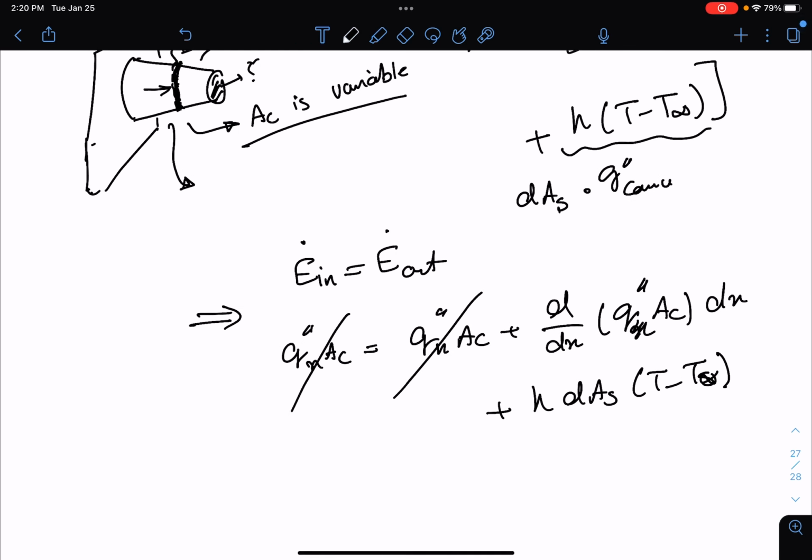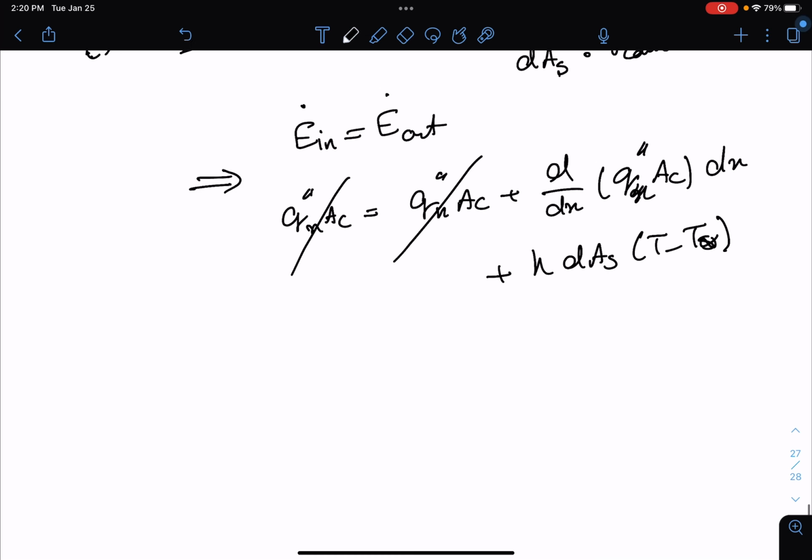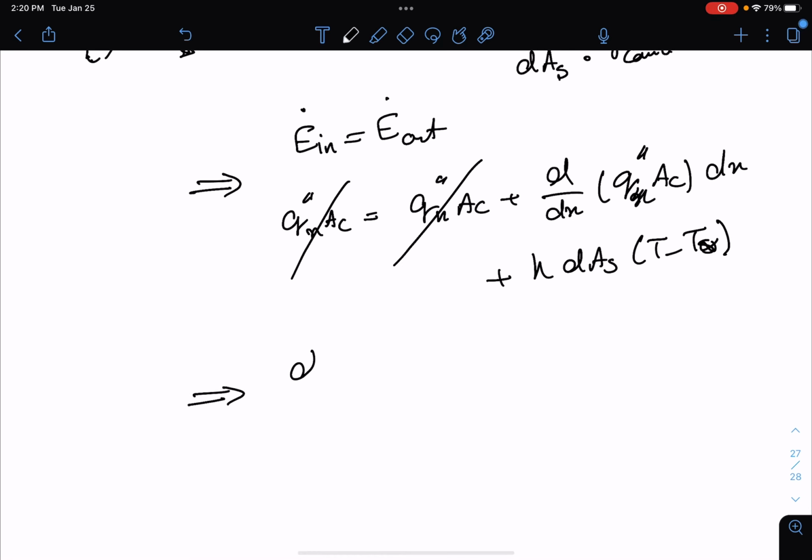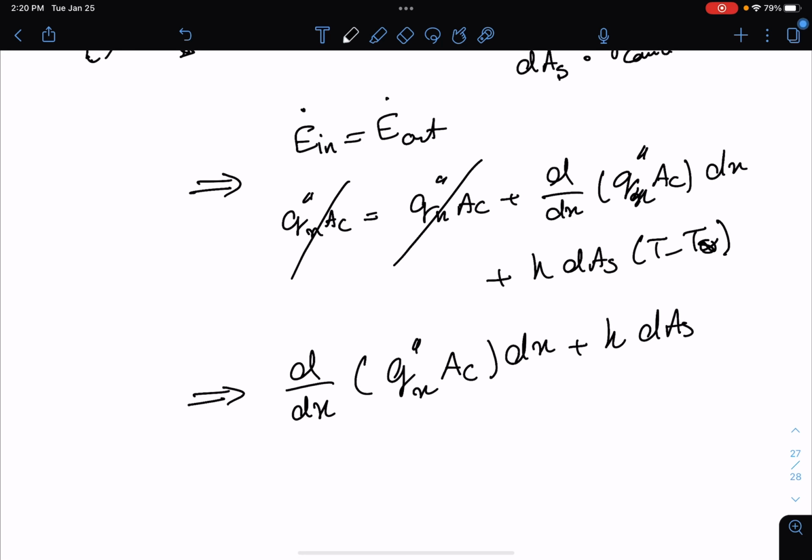These parts cancel out. Then we can rewrite the equation. Let's divide this whole thing by dx. Let's see what happens.